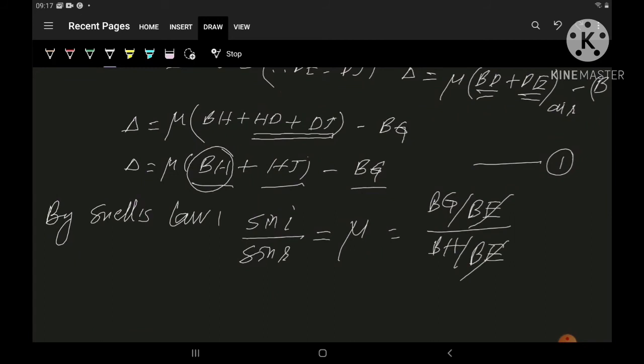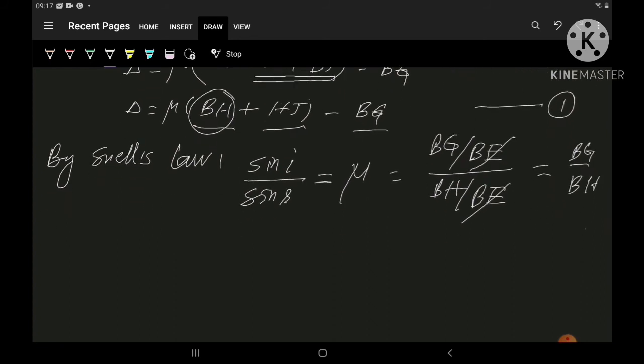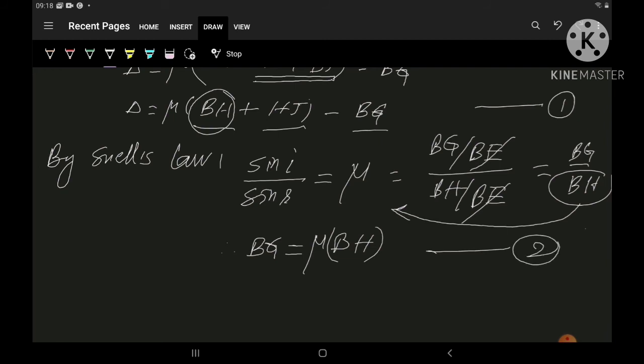So BE and BE will be cancelled out, and mu will be equal to BG upon BH. Transferring BH to the left hand side, we have BG is equal to BH times mu. Equation number 2.